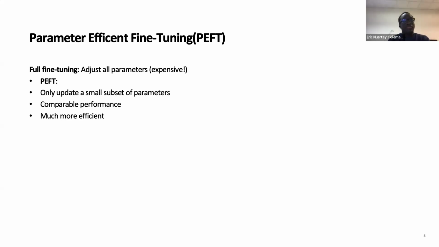Parameter efficient fine-tuning basically allows you to only update a small subset of the model's original parameters or add some trainable parameters in order to fine-tune these models. So you don't go through the stress and the usual time consumption you have with full fine-tuning, and the performance is usually comparable to full fine-tuning.